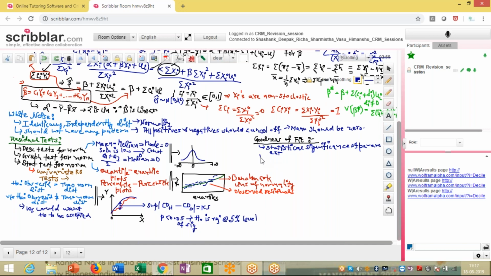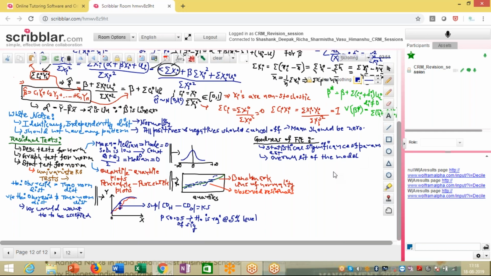And the second is to assess the overall fit of the model.